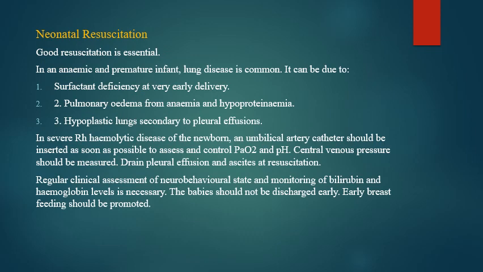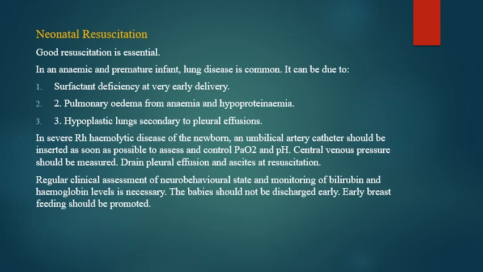Then for neonatal resuscitation, good resuscitation is required. Lung disease is quite common in an anemic and premature infant. This may be due to surfactant deficiency if the delivery occurs in a very preterm newborn, pulmonary edema from anemia and hypoproteinemia, or hypoplastic lungs secondary to pleural effusion.